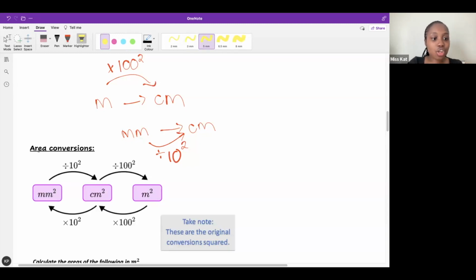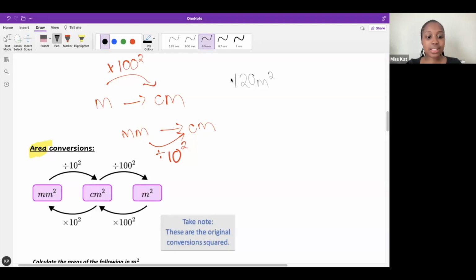Now you have to pay attention, guys. This is a conversion of the area. In the perimeter, we were converting dimensions, like we'd convert centimeters to meters. This is a conversion of area. So when you've already worked out the area, let's have an example. I have a square, and this square has an area of 120 meters squared.